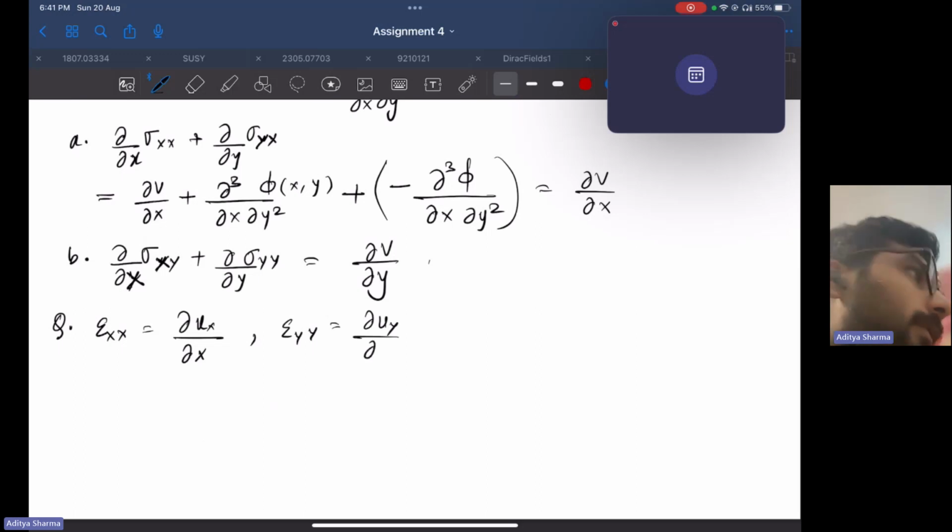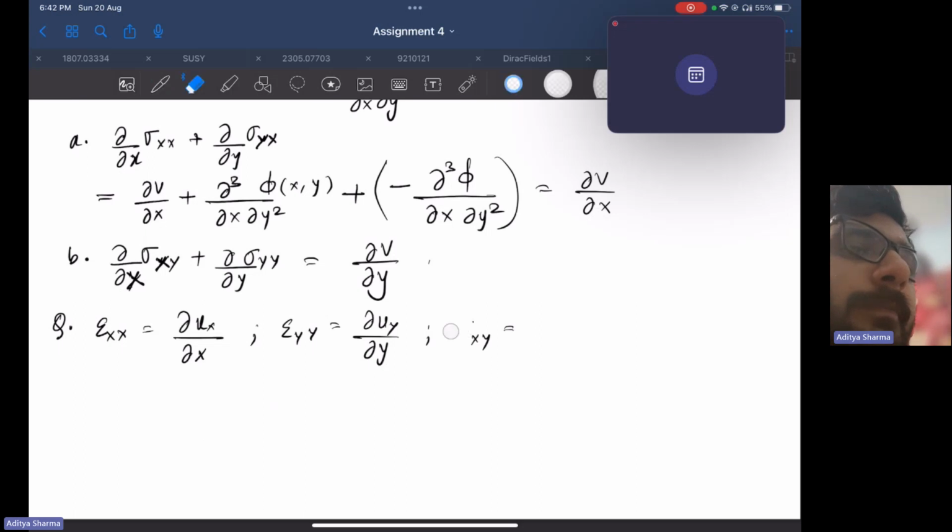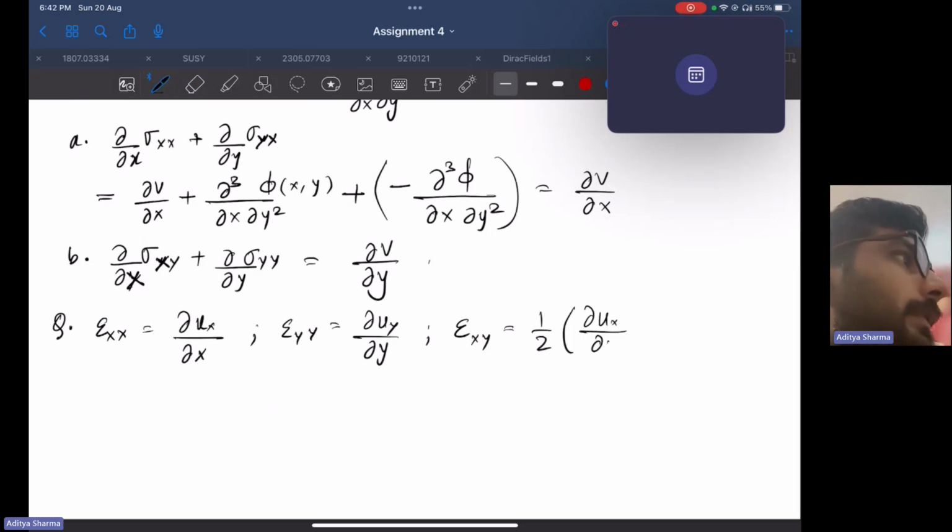Similarly, uy is along y direction, but it is a function of all the other coordinates also. And epsilon xy is equal to half of del ux by del y plus del uy by del x.